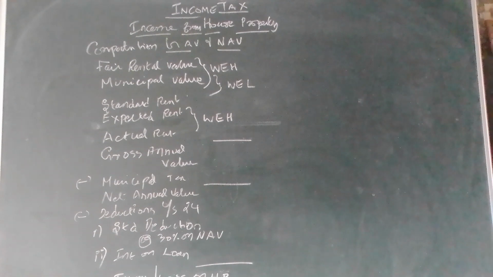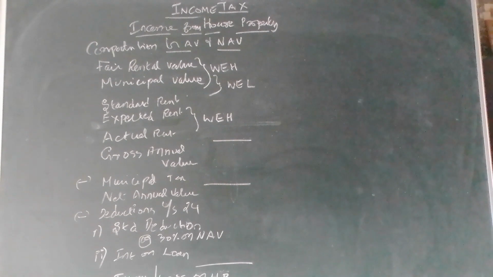For example, if your net annual value is 1 lakh rupees, then your eligible standard deduction is 30,000 rupees. So, on whatever net annual value you have, you have to calculate the standard deduction at 30%.